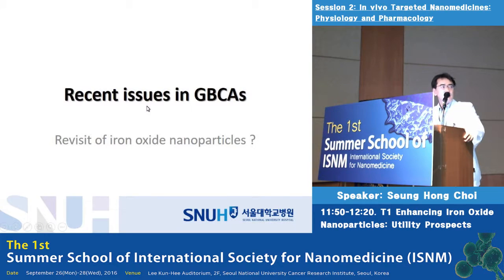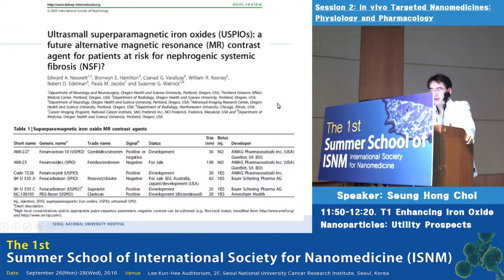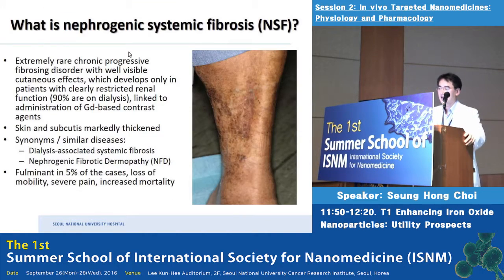Okay, I'd like to move on to the next issue regarding gadolinium-based contrast agents. Recently, one of the clinical issues regarding gadolinium-based contrast agents is NSF. What is NSF? Its full name is nephrogenic systemic fibrosis.